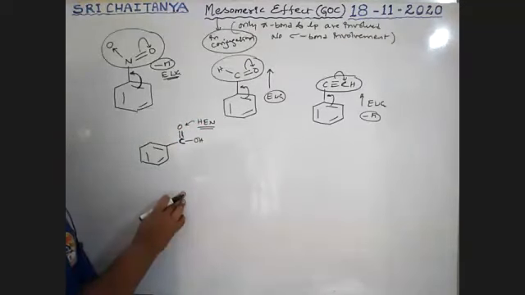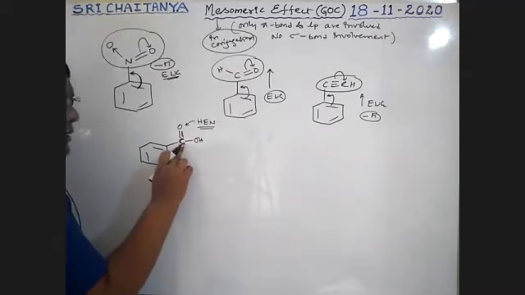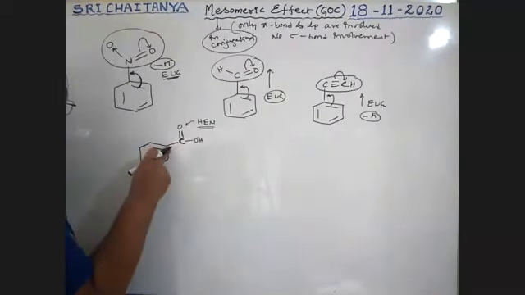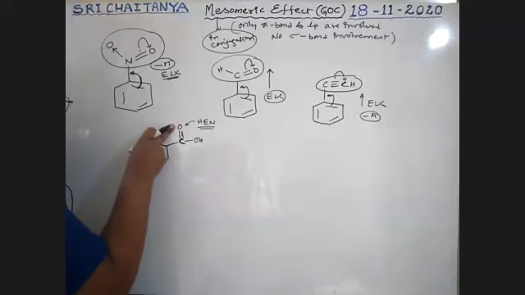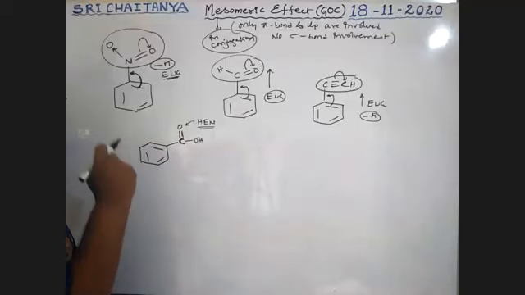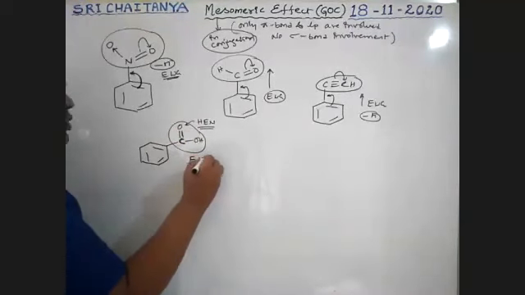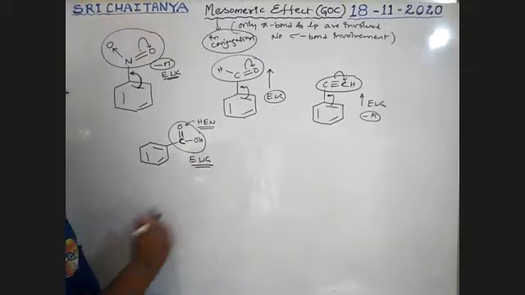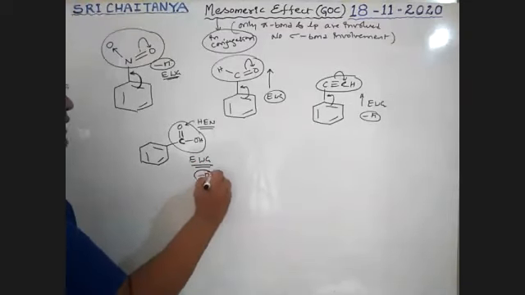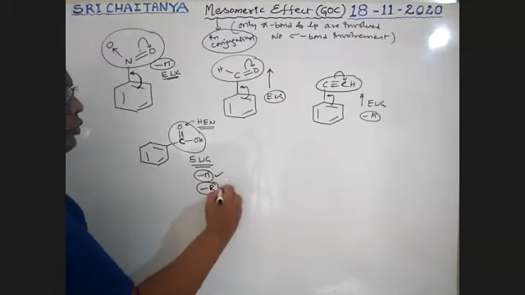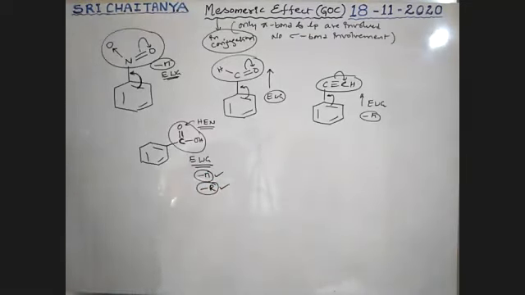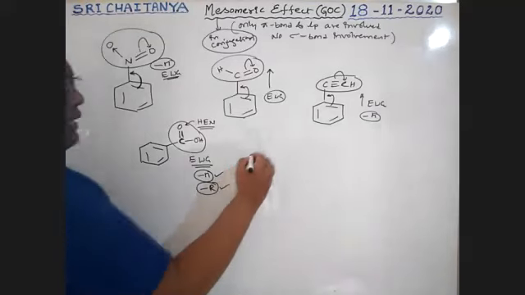That means an atom directly attached to the benzene ring is also bonded with a highly electronegative element through a pi bond, which is in conjugation with benzene. There the group acts as an electron withdrawing group. That acts as a minus M group or minus R group. Let us observe one more example.